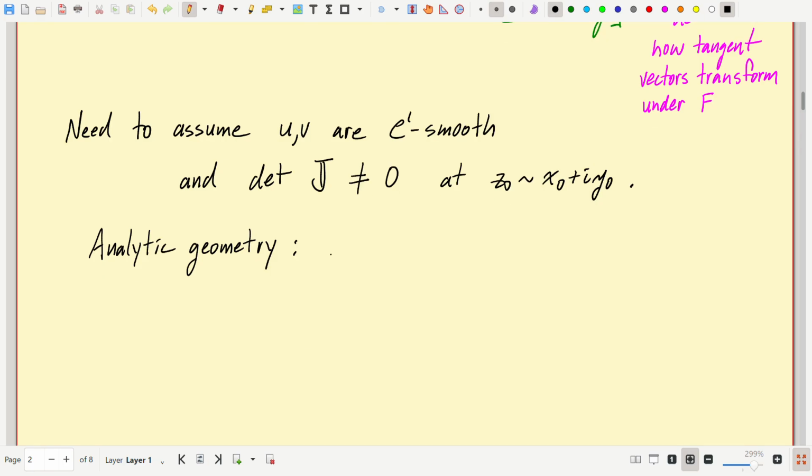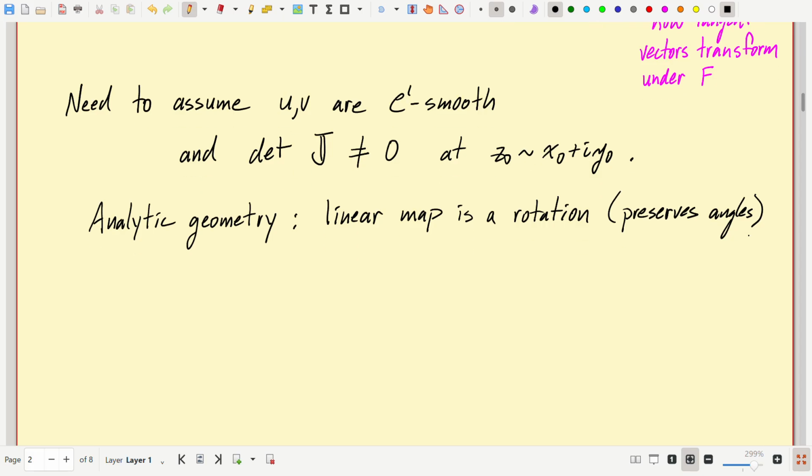So analytic geometry shows that a linear map is a rotation, preserves angles, if and only if it looks like this.